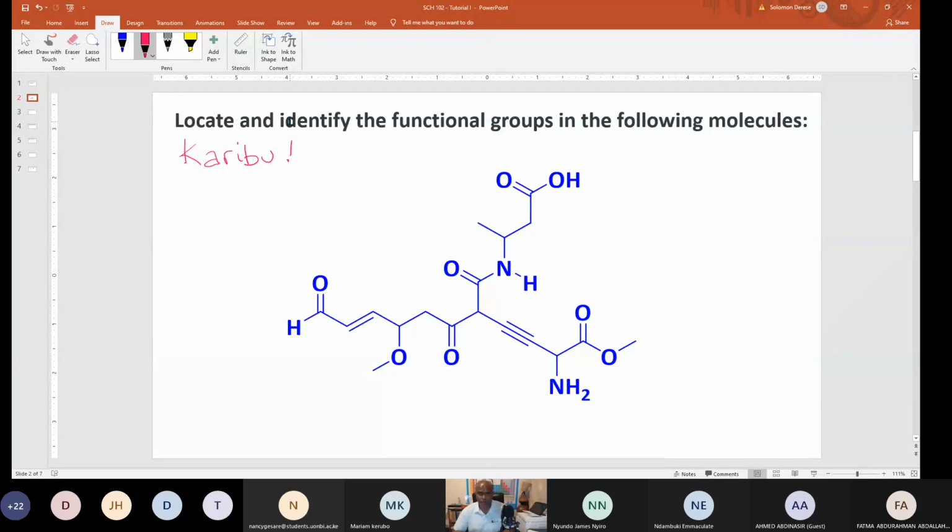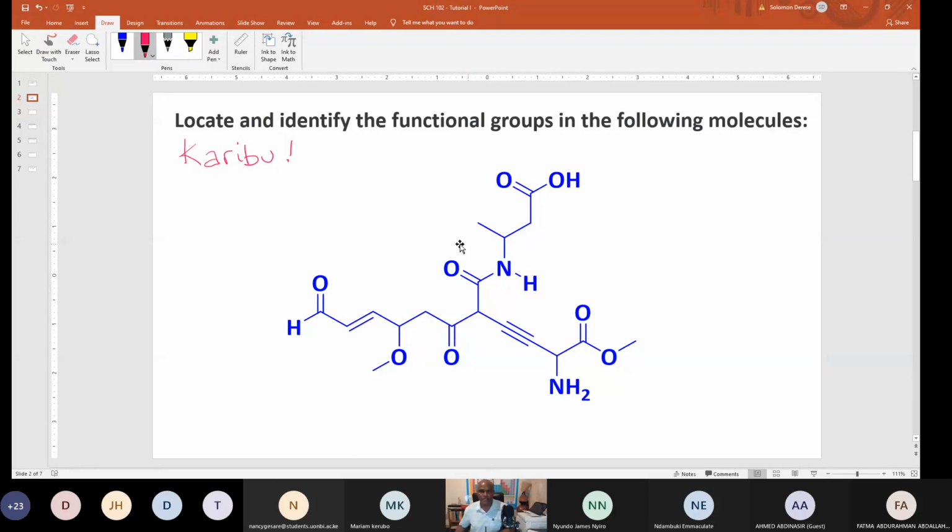Whether a molecule is going to have dipole-dipole interaction or hydrogen bonding will depend on its functional group. So it is very important that we understand what functional groups are and the different types. This is the first question from assignment 1: to locate and identify the functional groups in the following molecules.